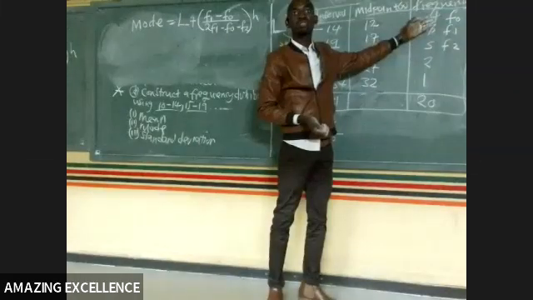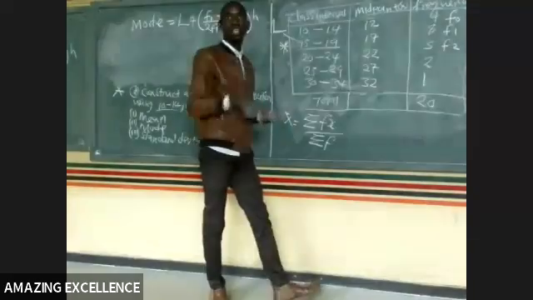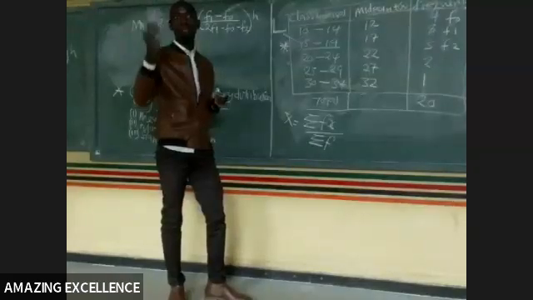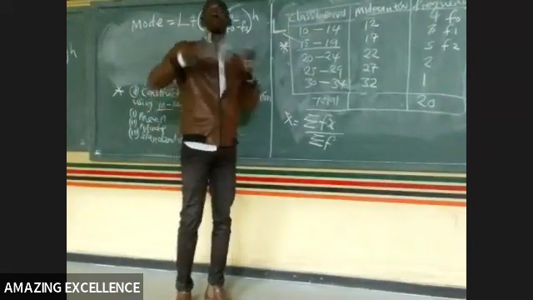F1 is the frequency of the model class. F0 is the frequency of the class that precedes the model class. To precede, not to proceed. To precede is to come before, right?